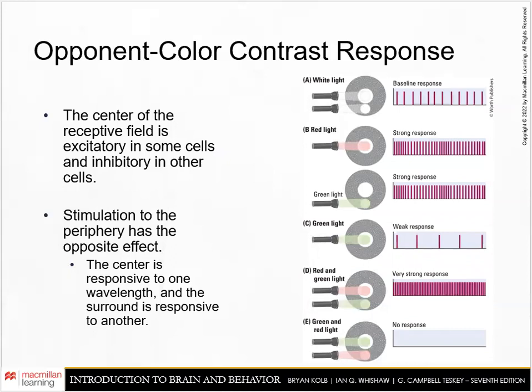It is completely inhibited by the simultaneous illumination of the center with green and the surround with red. And so the opponent process explanation of color vision emphasizes the importance of these opposing color pairs that is essentially taking place within these cells.